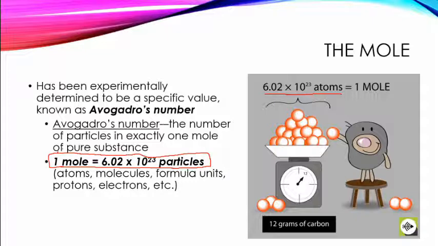Particles can be atoms, molecules, something known as a formula unit, which is an older term for a particle, protons, electrons, ions. Basically, any word you can use to describe something in an atom or a molecule or something like that. Okay, so this is what a mole is. A mole is this specific amount of particles.